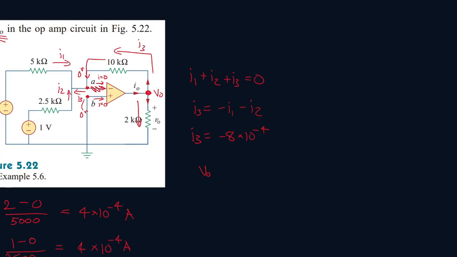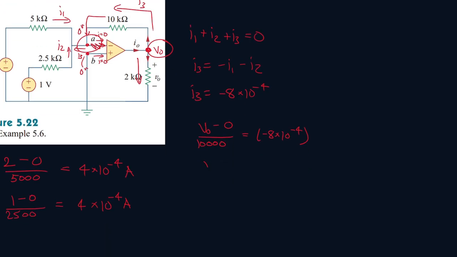So we can write VO minus 0 all over 10,000 ohms is equal to I3. And I3 is minus 8 times 10 to the minus 4. So VO will be minus 8 volts.